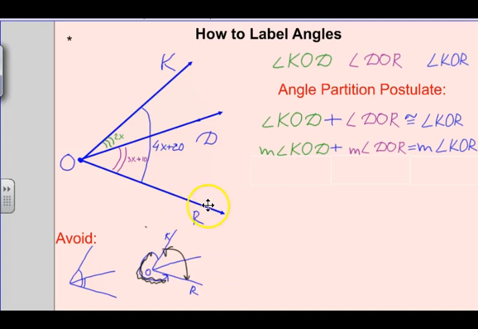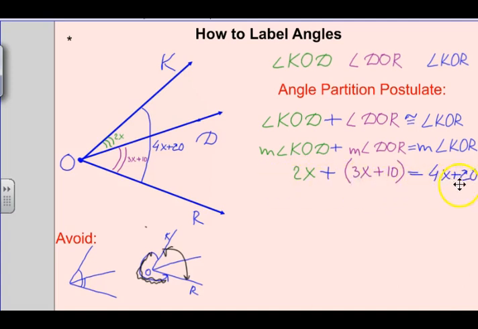Now we will be able to simply follow the angle partition postulate that we already described with the angles that go there. KOD is 2x. We are adding it with angle DOR, which is 3x plus 10. And finally, the whole stands for 4x plus 20.